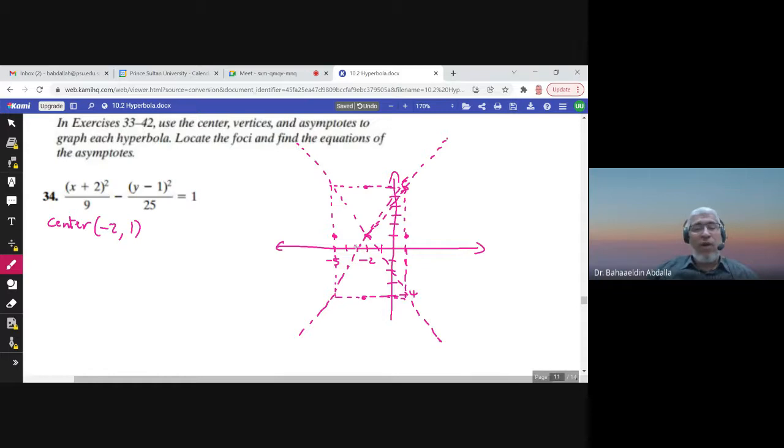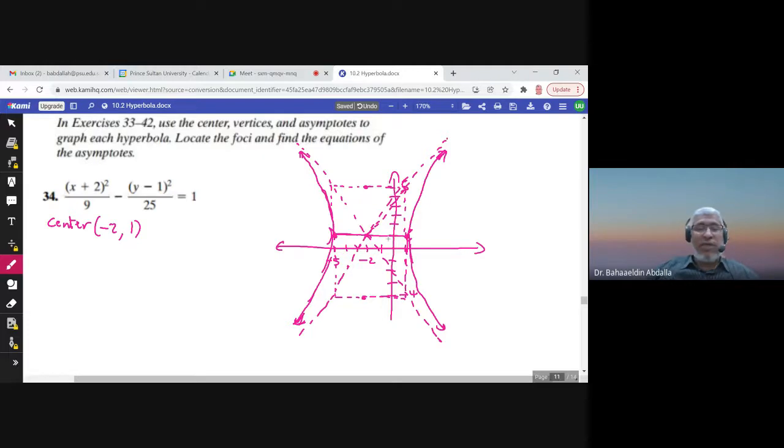And now where are the foci? This is x squared, so the vertices, sorry, are here. So this is the graph of the hyperbola. This is the transverse axis.